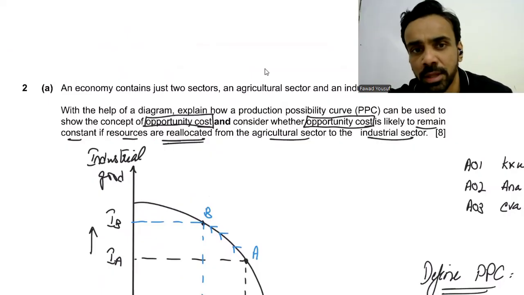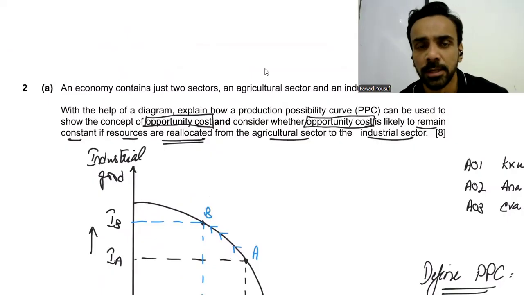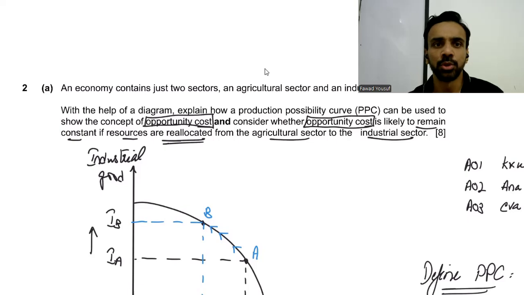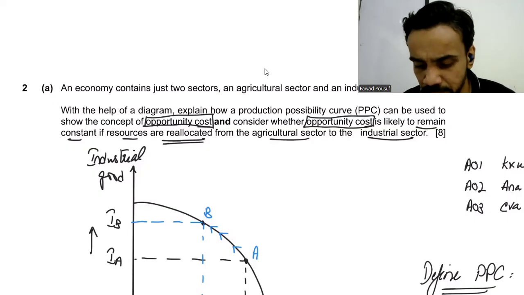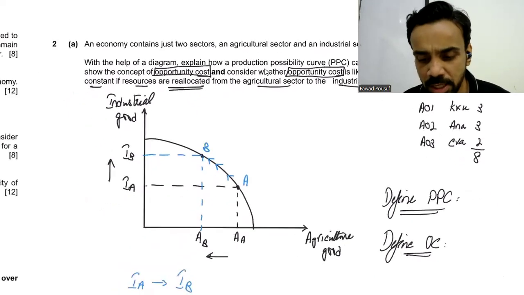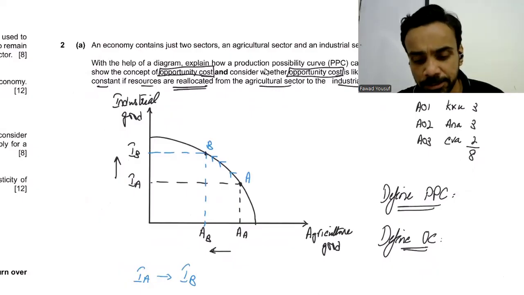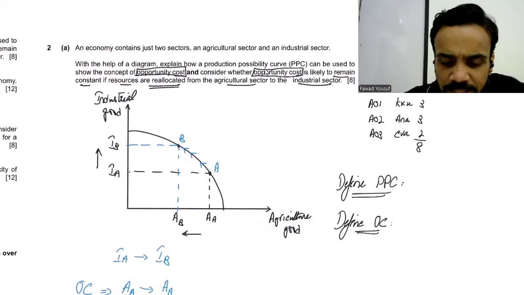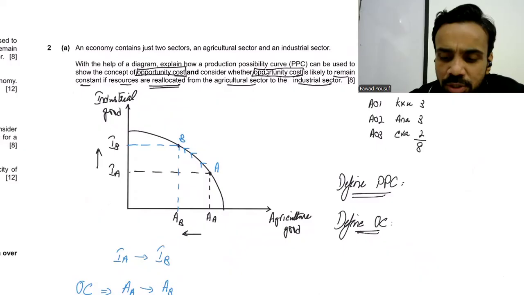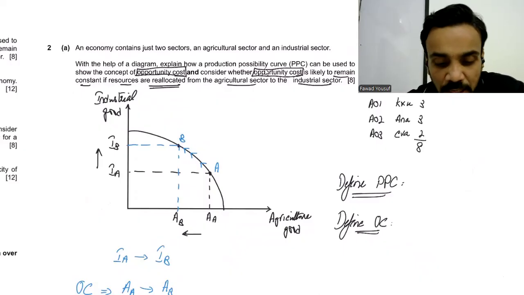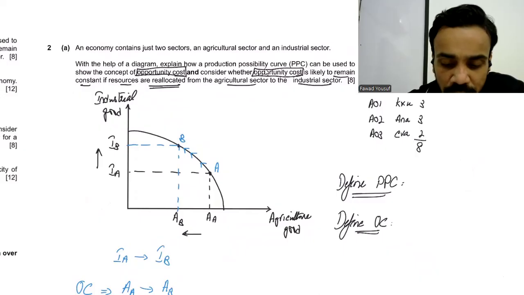All three mean the same thing. तो हमें उसमें कोई problem नहीं है. लेकिन क्योंकि उसने सिर्फ diagram just to show the concept of opportunity cost, I think this diagram is perfectly fine, कोई मसला नहीं है इसके अंदर. ठीक है. And the later part, and consider whether opportunity cost is likely to remain constant if resources are reallocated.